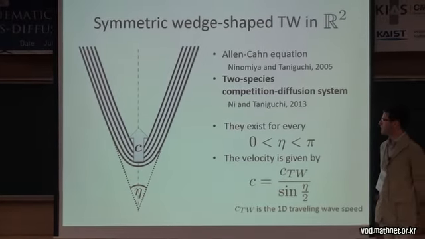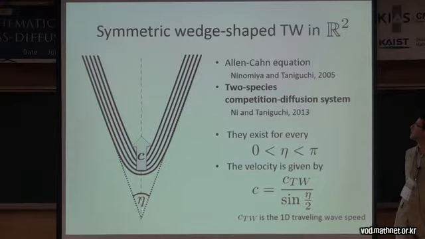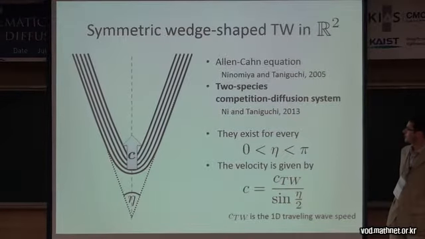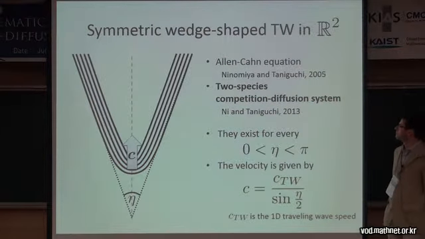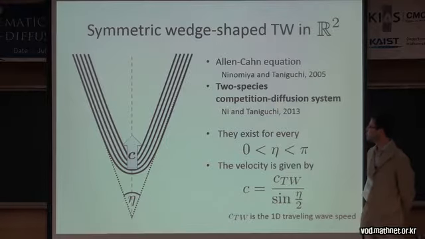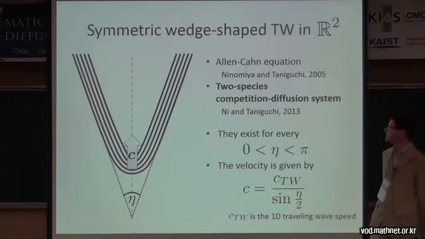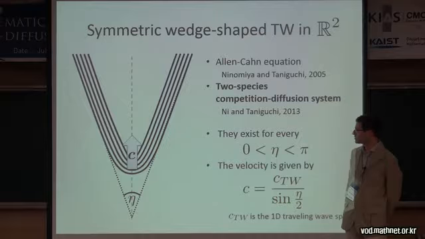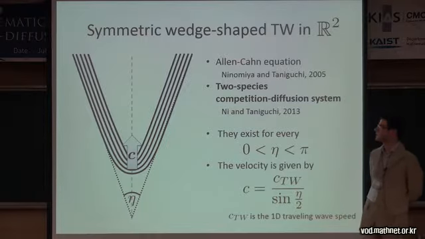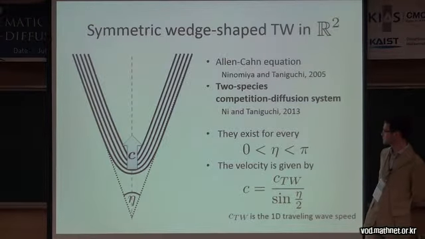This is a simple pyramidal front in R2, and it appears for equations like Allen-Cahn or systems like the two-species competition-diffusion system. So since for these systems we only have one kind of traveling wave, this kind of front is symmetric with respect to the bisector. And in particular also its speed must be directed along the bisector.